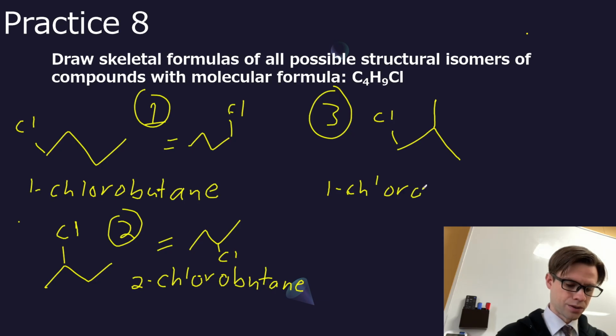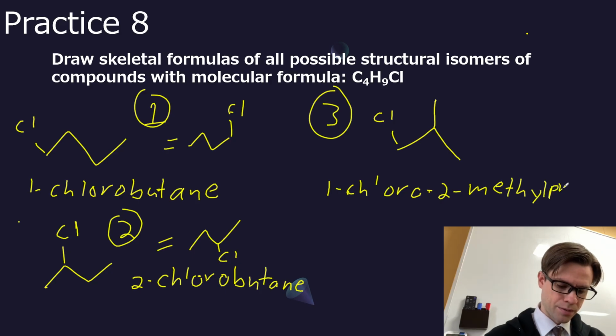So 1-chloro-2-methylpropane. 3 carbons is still the longest in a row in this.